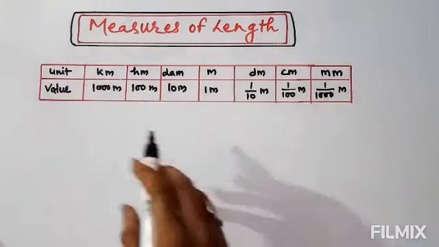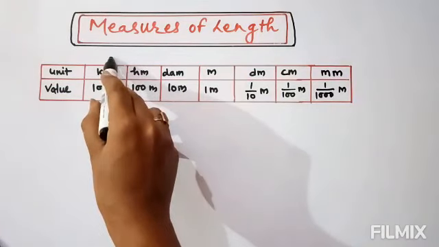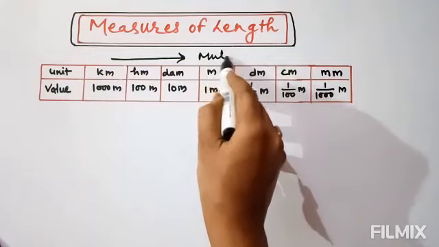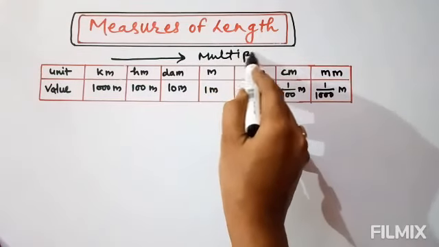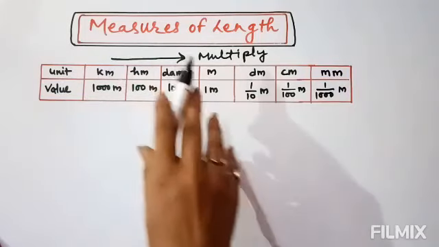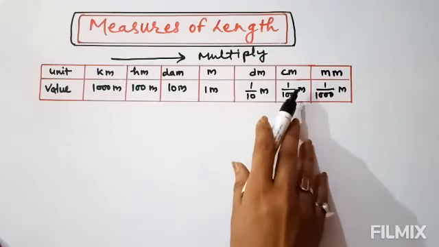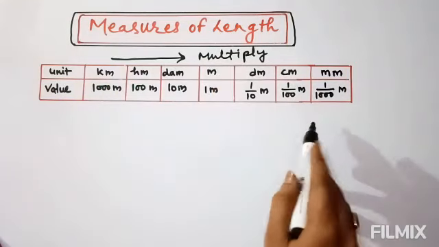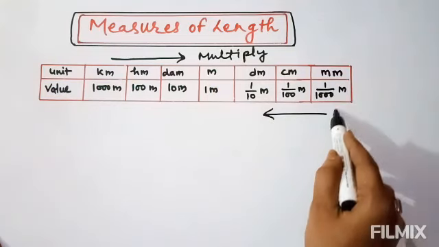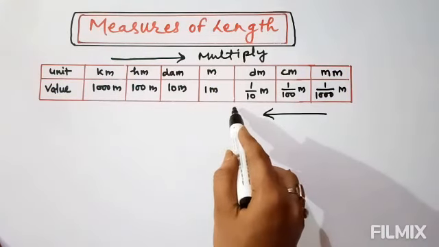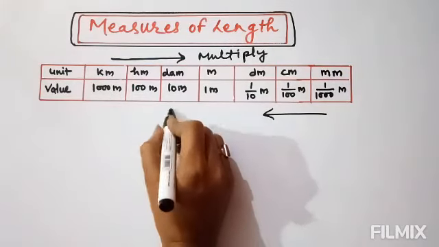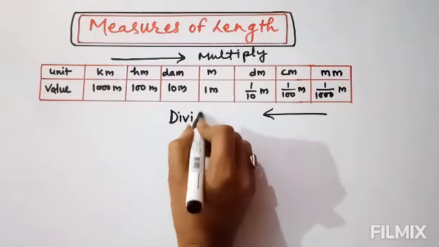When we need to convert a higher unit into the base unit or into the lower units, we need to multiply. And when we need to convert a smaller unit to the base unit or to the higher unit, what do we have to do? We need to divide. Clear?